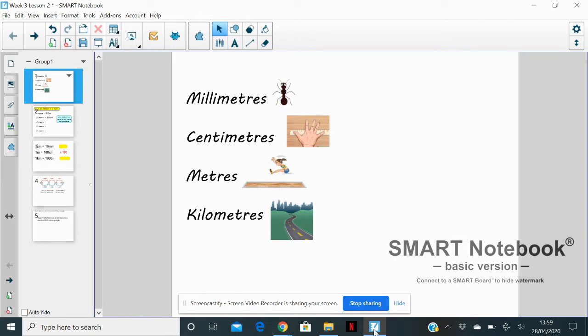We'd use metres for that. And then 1,000 metres is a kilometre. So we use those to measure much longer lengths. So for example, if you're going on a journey, you might measure how many kilometres your journey is going to be, or if you've gone on a long walk or a bike ride. Okay, so millimetres, centimetres, metres and kilometres.